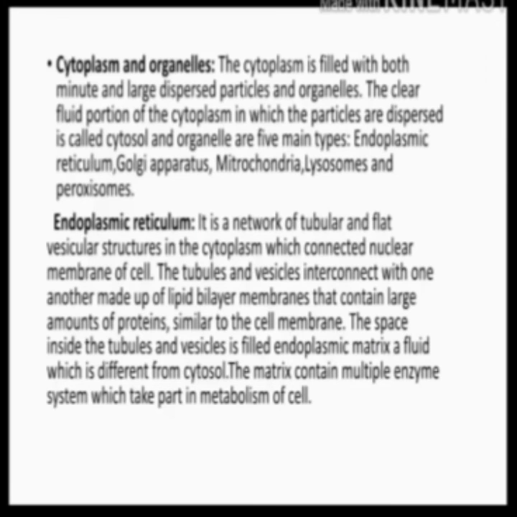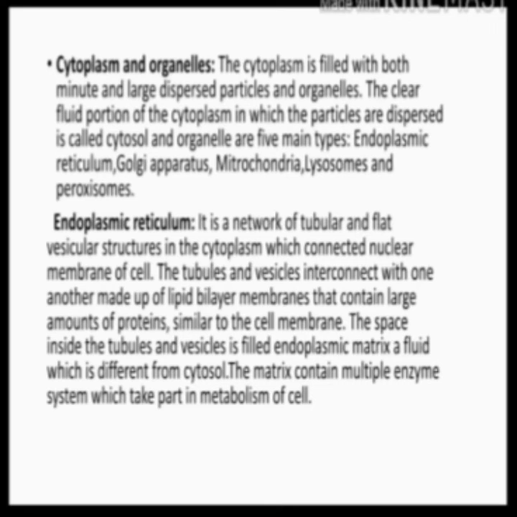The cytoplasm, which is present between the nucleus and plasma membrane, continuously moves around the cell. It's a fluid part which contains minute and large dispersed particles and organelles. The clear fluid portion of the cytoplasm, which contains different types of solutes like proteins, carbohydrates, lipids, sodium, potassium, and different minerals, is known as cytosol.